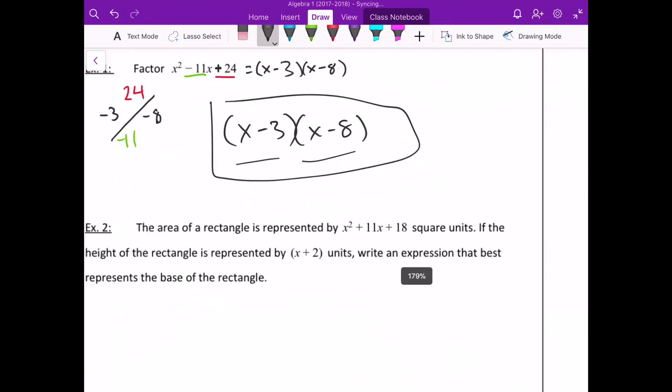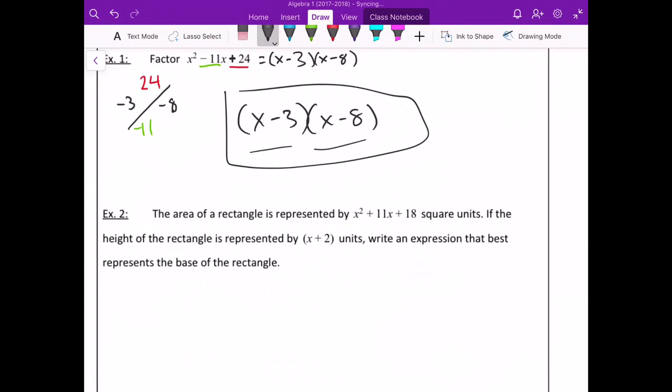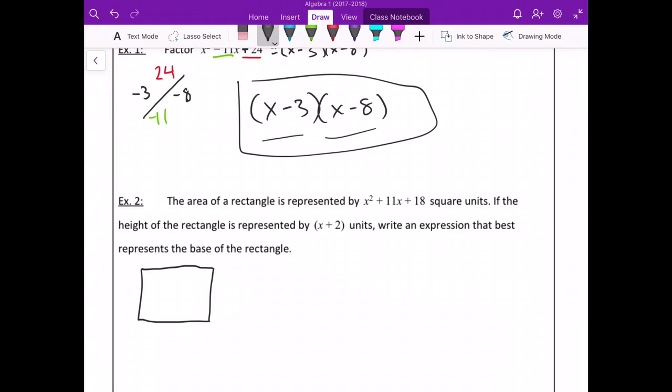Well, example 2 says the area of a rectangle is represented by x squared plus 11x plus 18. If the height of the rectangle is represented by x plus 2, write an expression that best represents the base of the rectangle. Okay, so we have a rectangle. All right, we know the area, the whole area inside is going to be x squared plus 11x plus 18.